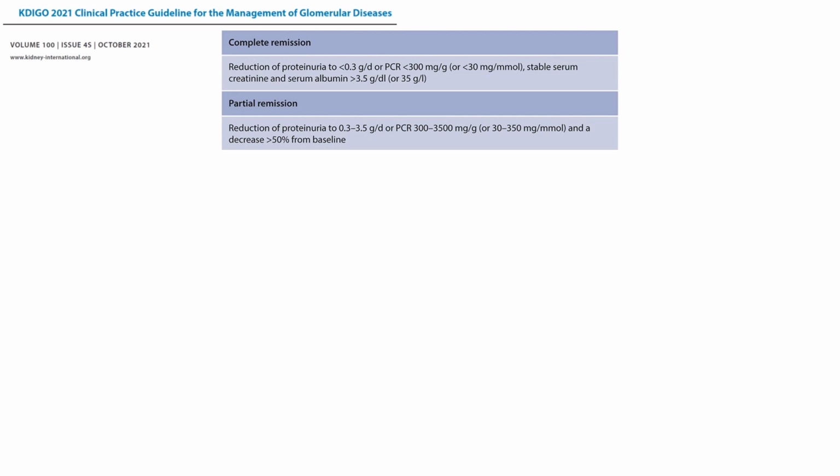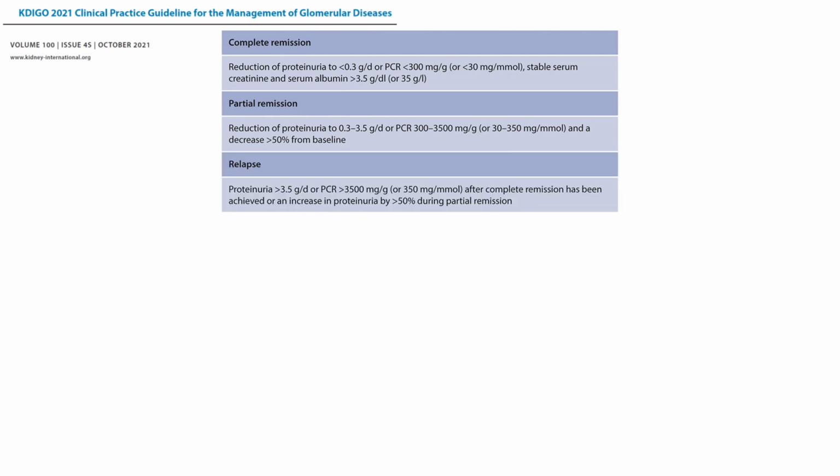Partial remission, there is a decrease in proteinuria, but in the range between 0.3 to 3.5 gram per day, and there is a decrease more than 50% of the proteinuria from the baseline. Relapse means that the patient had proteinuria after complete remission has been achieved, or there is an increase in proteinuria more than 50% during partial remission.